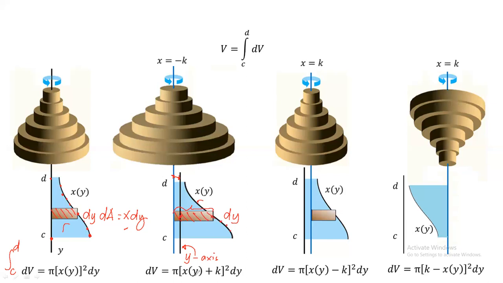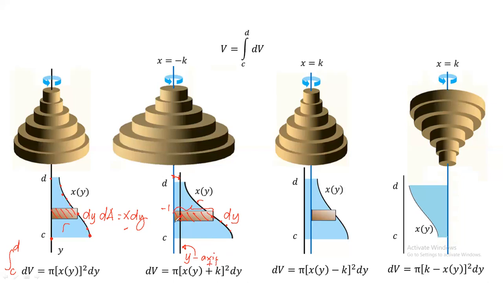So that would be, you could see here, pi times the quantity x of y, this entire x of y, plus the k. Why plus the k? Because this one is to be added to this entire length of your differential element. Though this one is negative, isn't it negative because it's on the left side? You're going to make it positive. Let's say for example, this is negative 1. You're not going to place here minus 1, but rather plus 1.